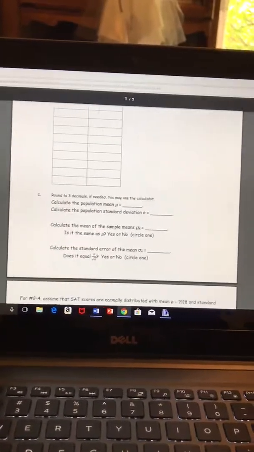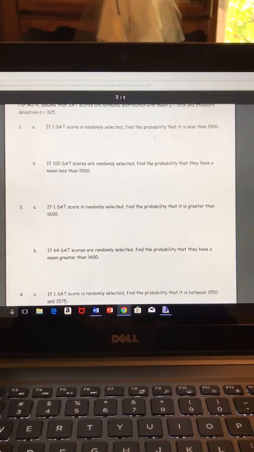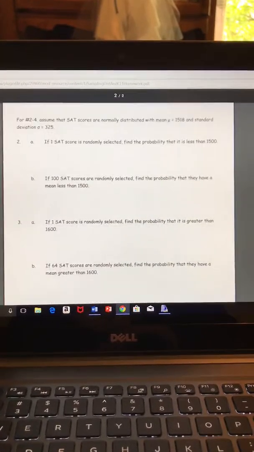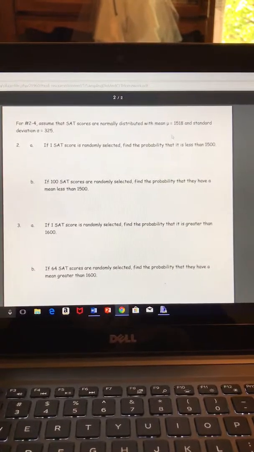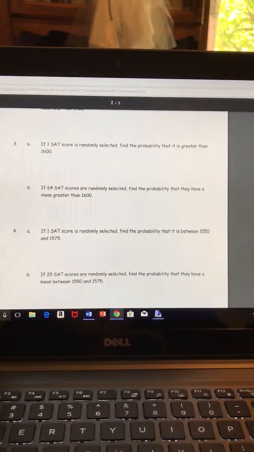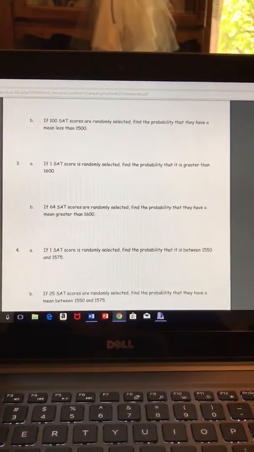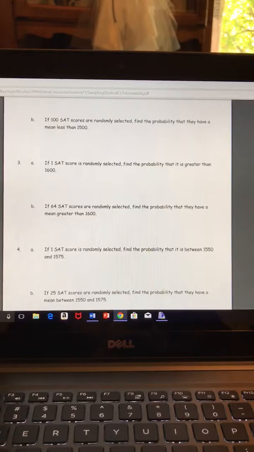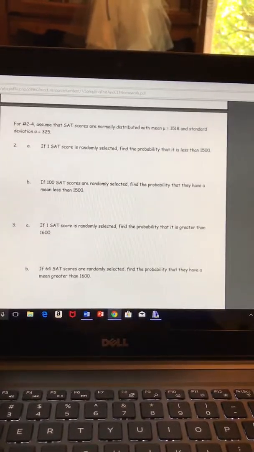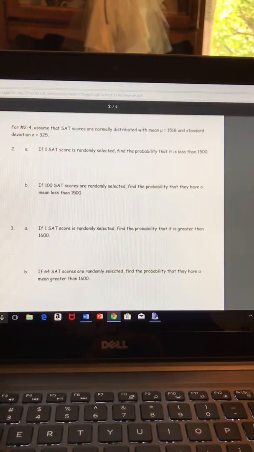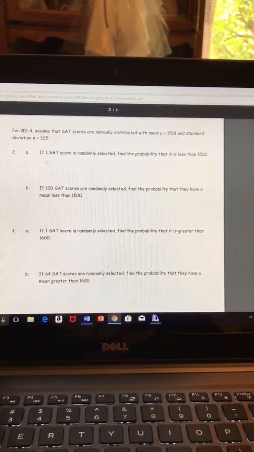And then for the second page here, it says assume the SAT scores are normally distributed with the mean of this and a standard deviation of this. For part A on all these, it says if you select one SAT score, that's how we were doing it last week, because you're only looking at one.